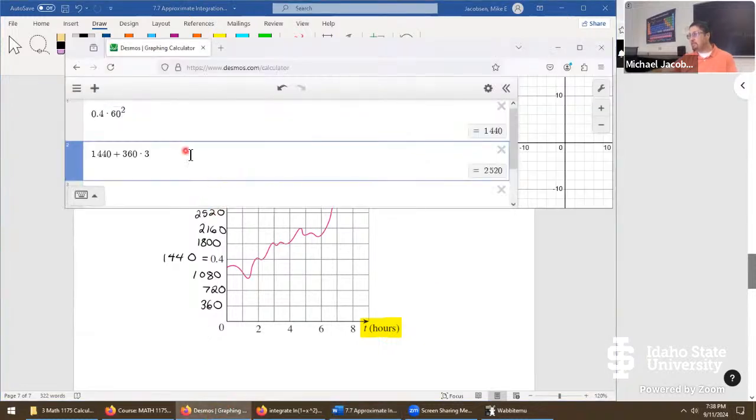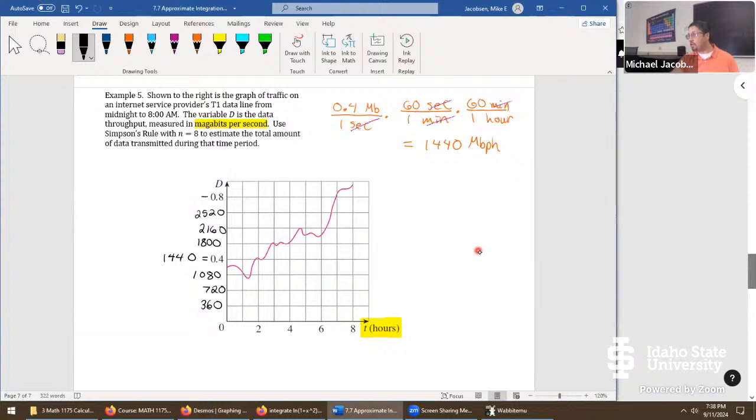And finally, times 4 is going to give us our 2880. So that's the most annoying part about the problem. The rest of it's pretty awesome. We're going to take this data rate in megabits per second, now convert it to megabits per hour, and find the actual amount of megabits transmitted in this entire time frame.